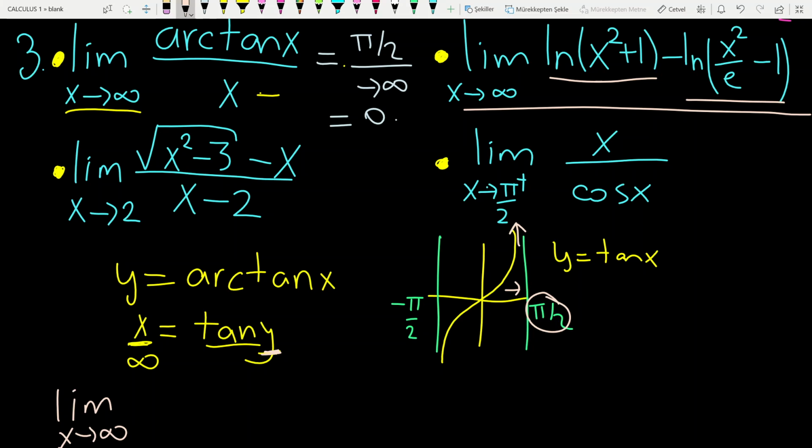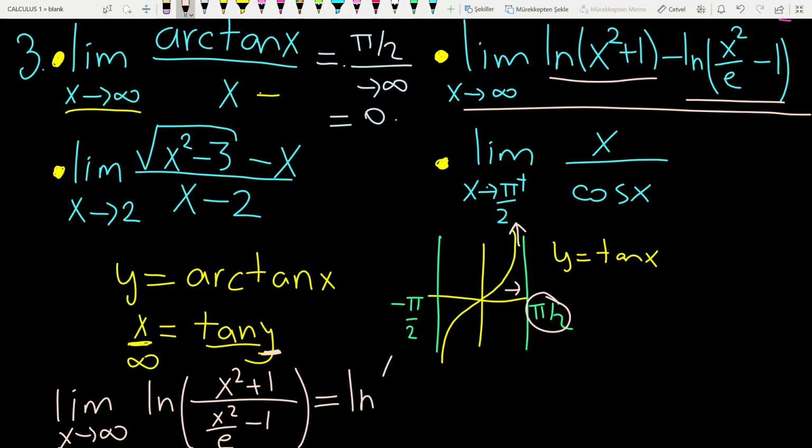This expression is equal to ln of (x squared plus 1) over (x squared over e), where e is a number, of course. Okay, so using the properties of limit, I can take the limit to the inside of the parenthesis. Then I have (x squared plus 1) over (x squared over e minus 1).